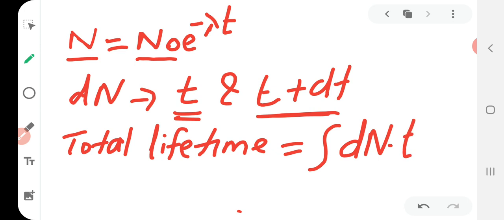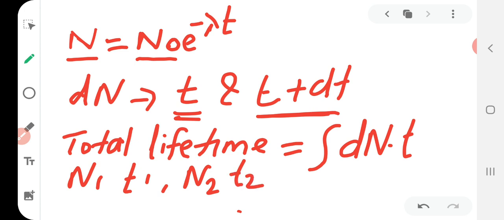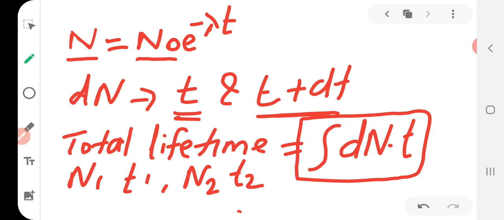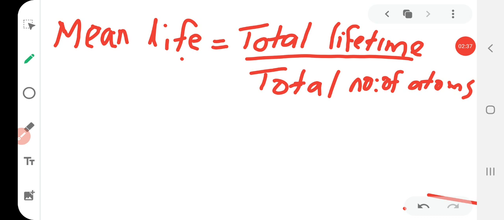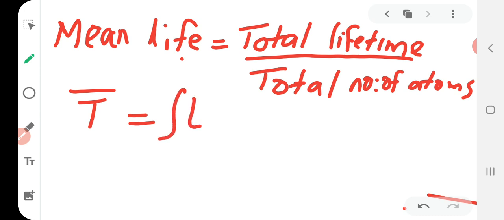That is, suppose N1 atoms have a lifetime t1, N2 atoms have a lifetime t2, and so on. Combining all these, the total lifetime will be the integral of t dN. So the mean life, represented by the letter t bar, will be equal to the total lifetime, which is the integral of t dN.